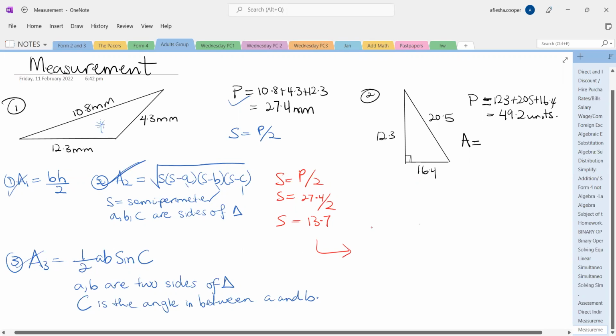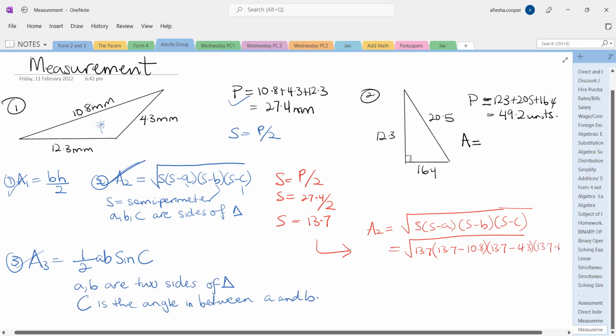And the formula is now area is equal to the square root of S, S minus A, S minus B, S minus C, which is the square root of, what is S? 13.7 by 13.7 minus side one, any one of them, 10.8, by 13.7 minus another one, 4.3, by 13.7 minus 12.3.